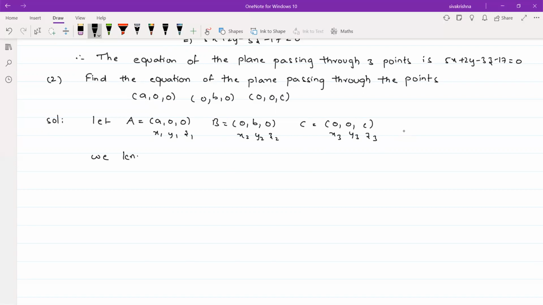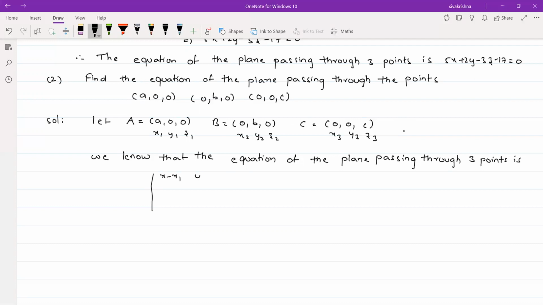Once again, we know that the equation of the plane passing through three points is modulus of x minus x1, y minus y1 and z minus z1.